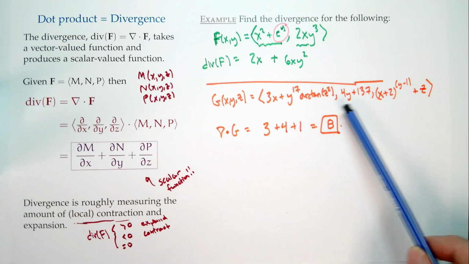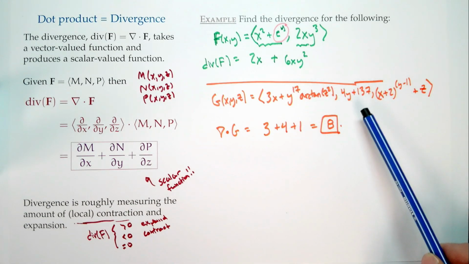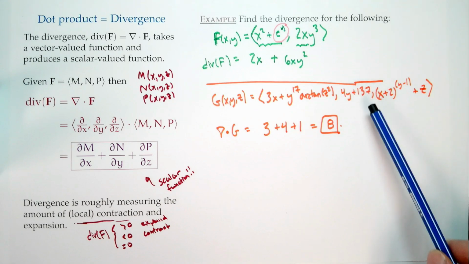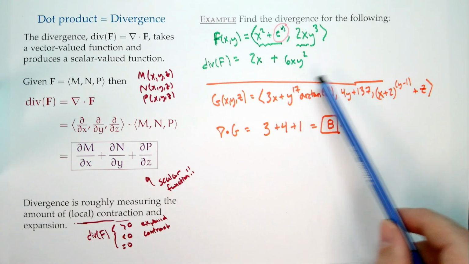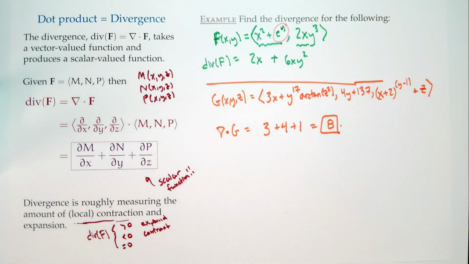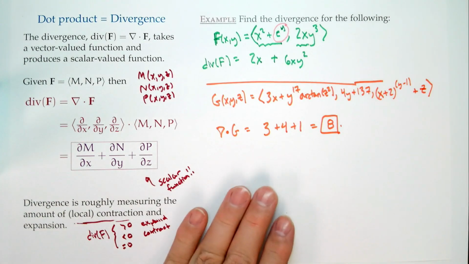So what I'm doing is just choosing really, really weird-looking constants. Like 137, well, sure, that's a constant number. But this, y to the 17th arctangent z squared, is also a constant as far as x is concerned. So that's what's happening when we come up with examples like this.